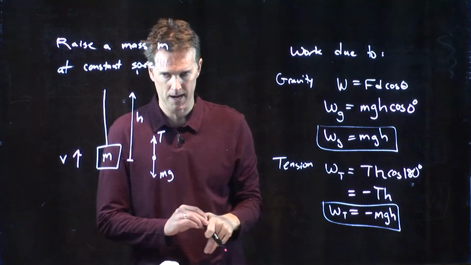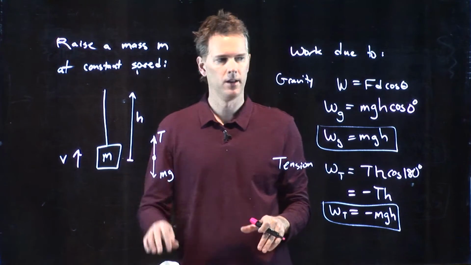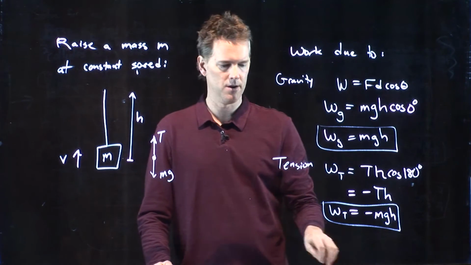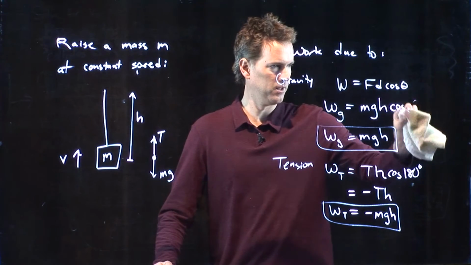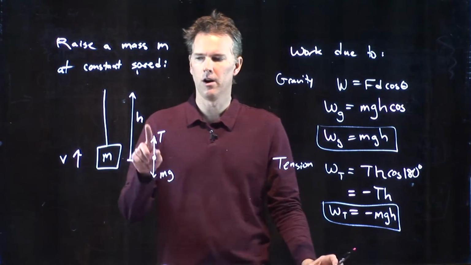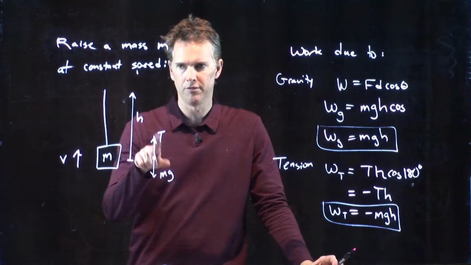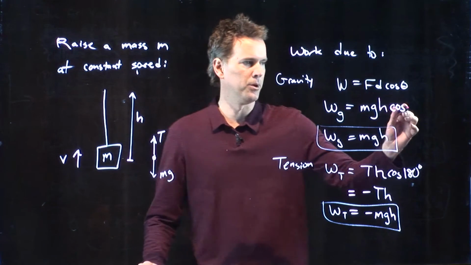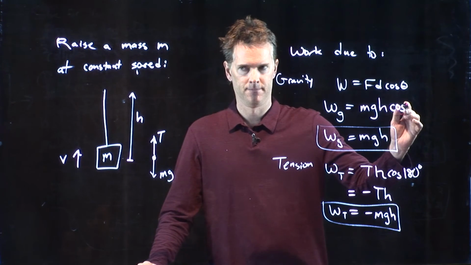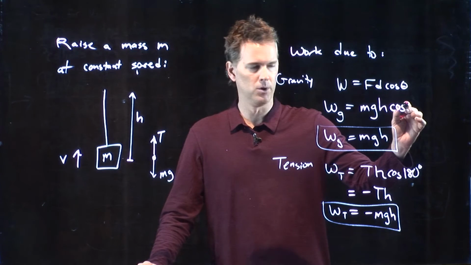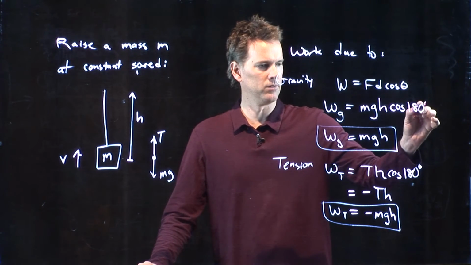If we raise the mass at constant speed instead of lower it, how do these answers change here? Well, the first one, theta for gravity versus displacement. What do I put here? 90. 180. 180? 180 degrees.